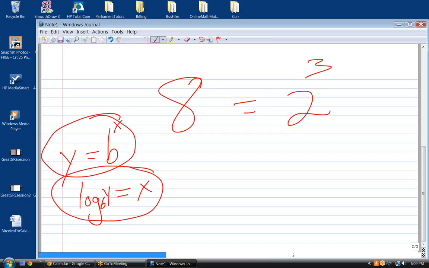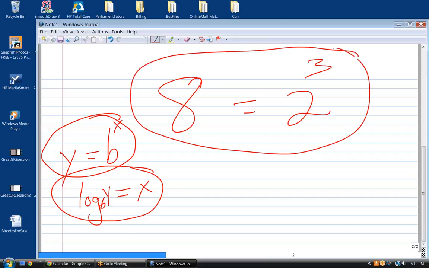They're the same thing. So give me the logarithmic expression of this. So it would be log base 2 of 8 equals 3. There you go.